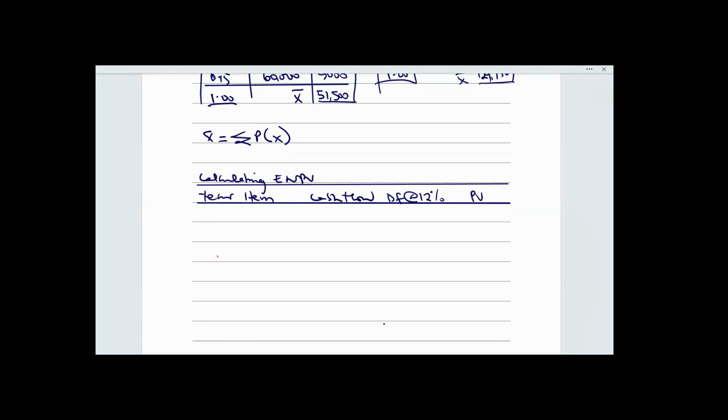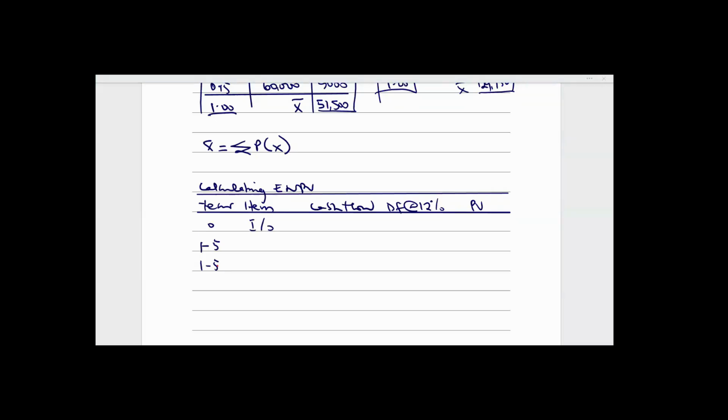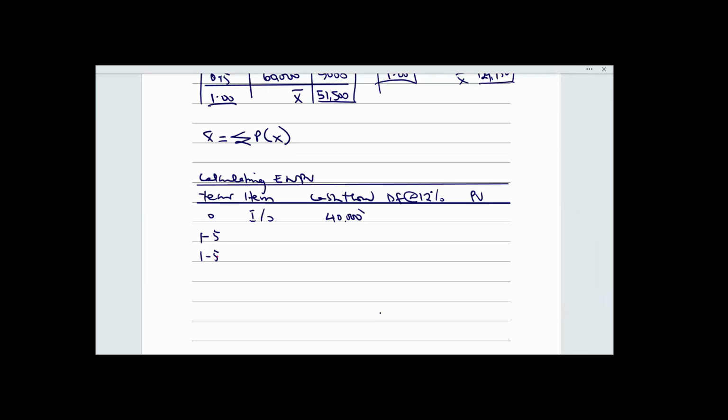Then present value. Useful life is 5 years, so year 1 to 5. We have the initial outlay, which according to the question is ₦40,000.